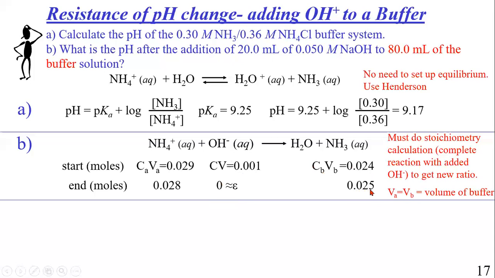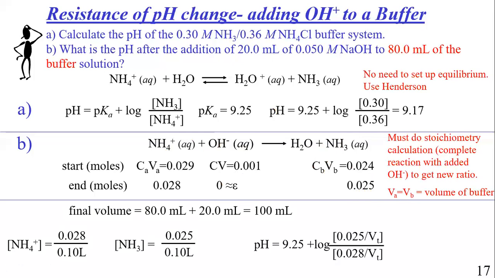What do I do now? Well, should I set up an equilibrium equation between the ammonia and the ammonium and find the x? No, we simply have acid and base in my mixture. What do I use? I use Henderson. pH equals pKa plus log of the base divided by acid. Do I actually have to get the concentration of the base and the concentration of the acid by taking the number of moles and dividing by the total volume?